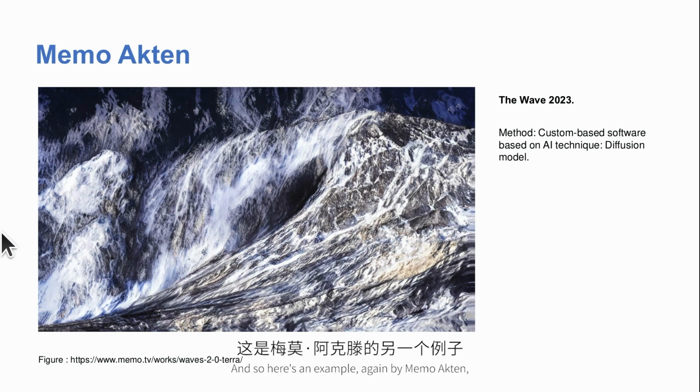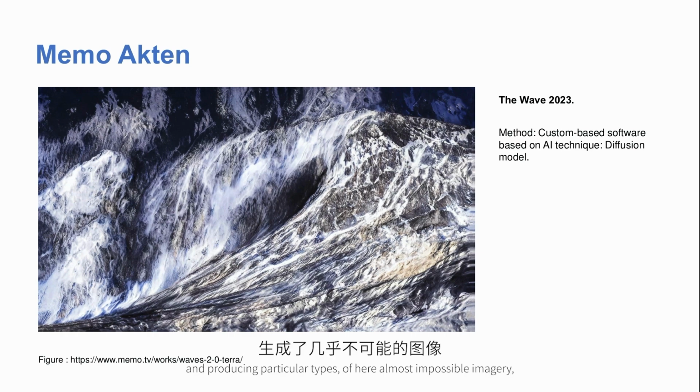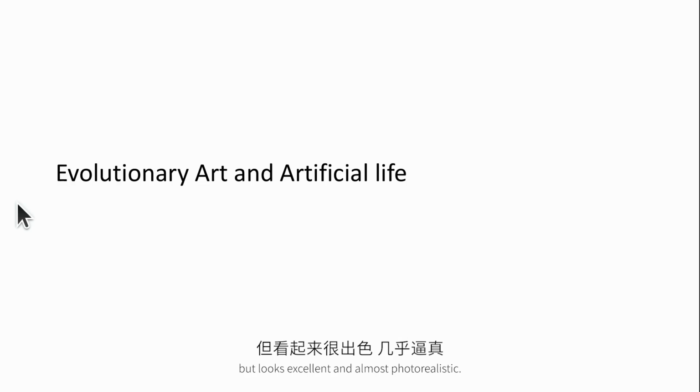And so here's an example, again, by Memo Akten, using this kind of technique and producing particular types of, here, almost impossible imagery in the middle of a tempest in an ocean somewhere, a virtual scenario, but looks excellent and almost photorealistic.